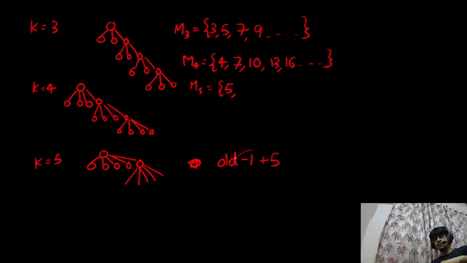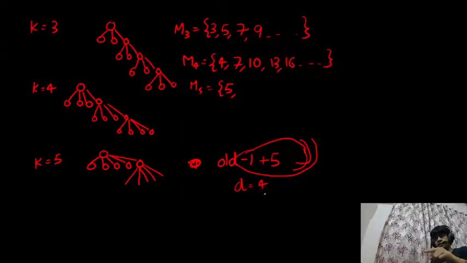So this is the common difference. Minus 1 plus 5, the common difference becomes 4. So 5, 9, 13, 17, 21, 25. This continues.